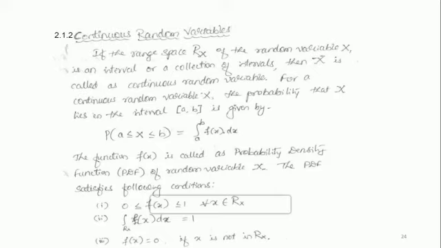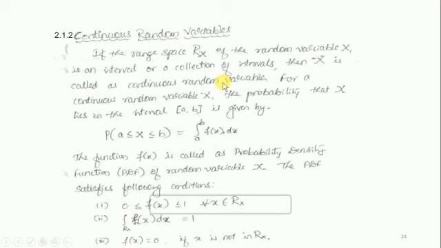Now let's continue with continuous random variables. This is the second type of random variable. If the range space Rx of the random variable x is an interval or a collection of intervals, then x is called a continuous random variable.